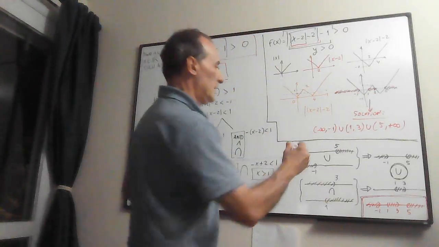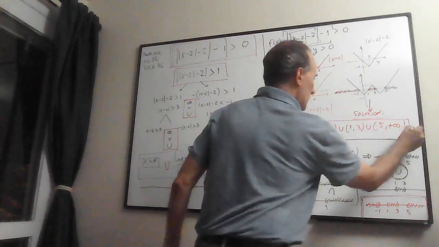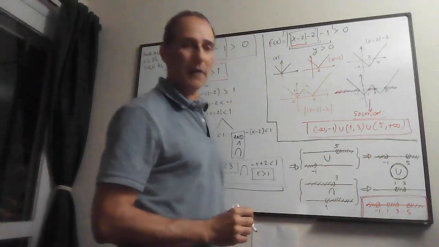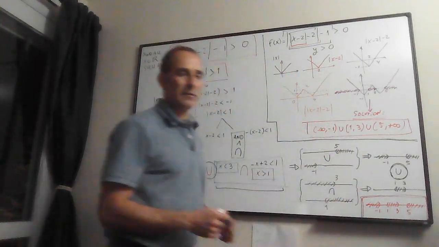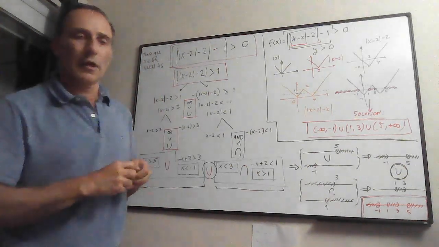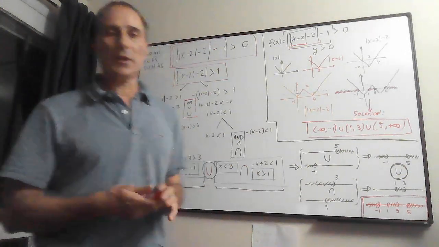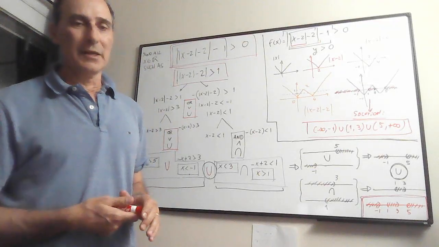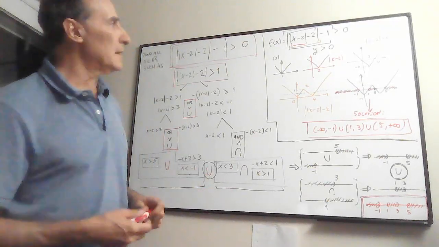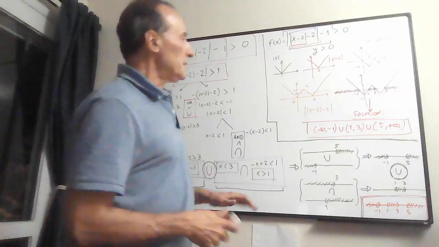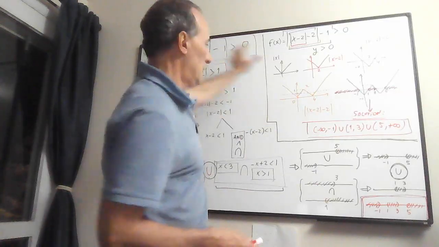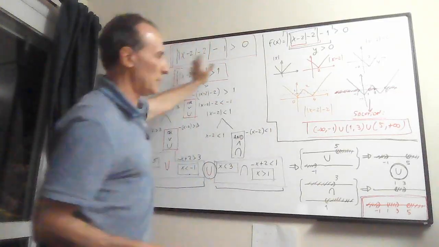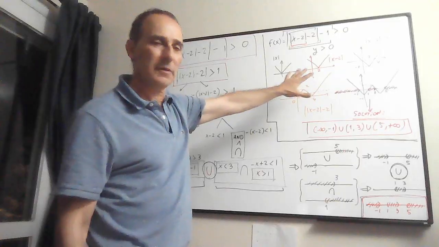Now, just compare what we obtained from the graph of the function and what you obtain when you solve this inequality with absolute values algebraically. This is the same.